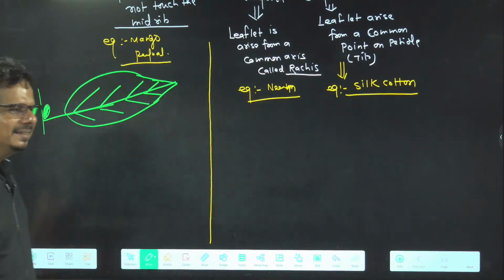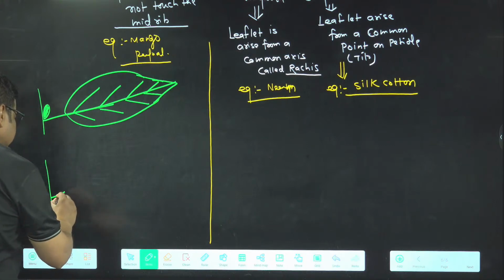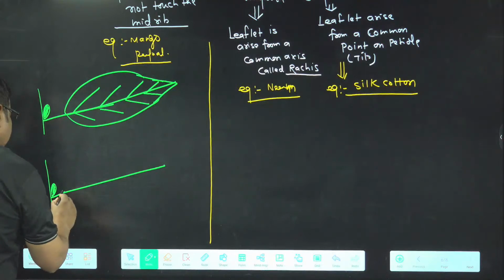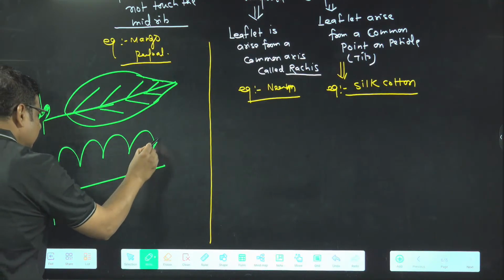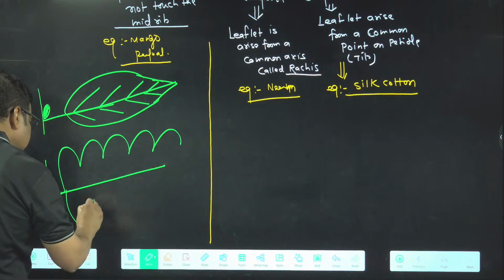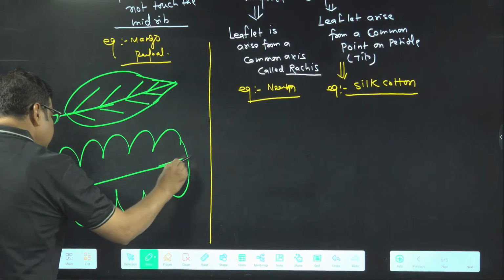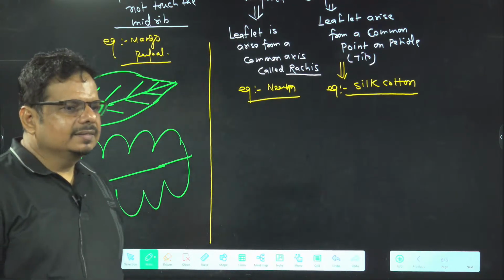Getting the idea? Now I am drawing another leaf. Here it is axillary bud, and you just look. You tell me, is it a simple leaf or compound leaf? Simple leaf.